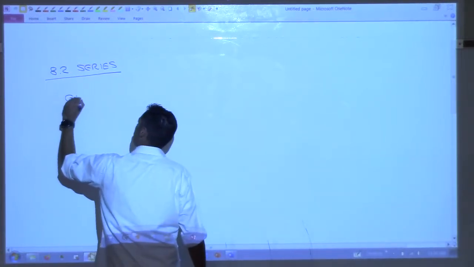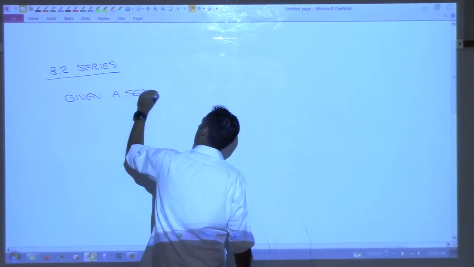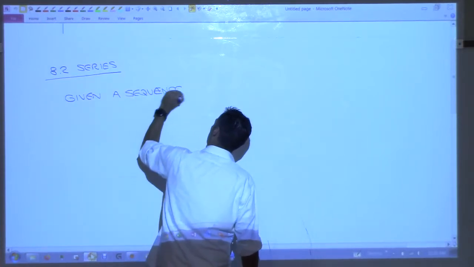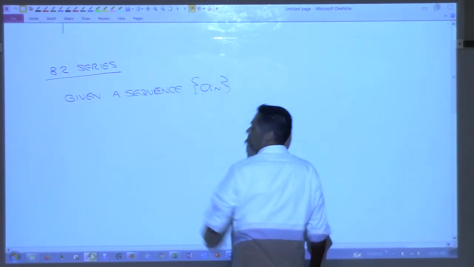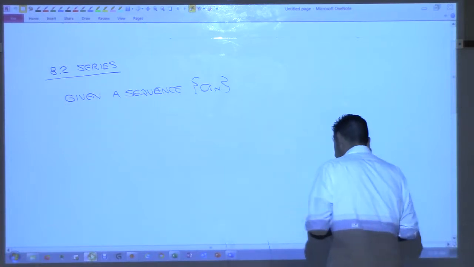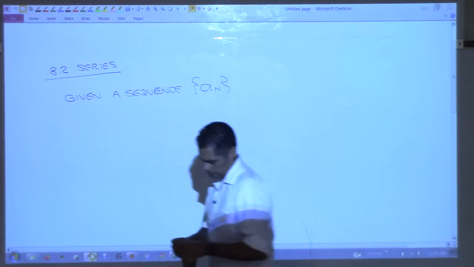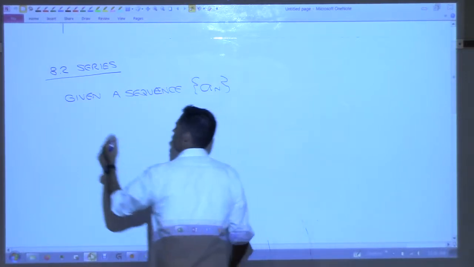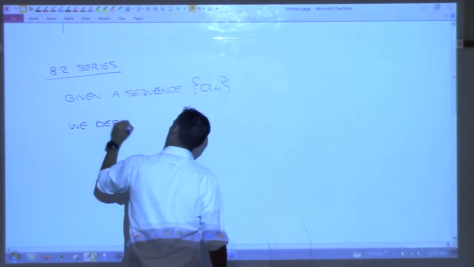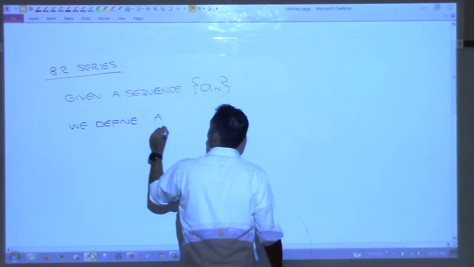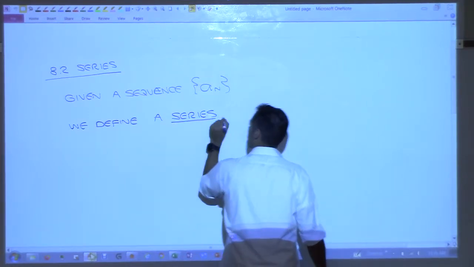So given a sequence, A sub n, we define a series as follows.